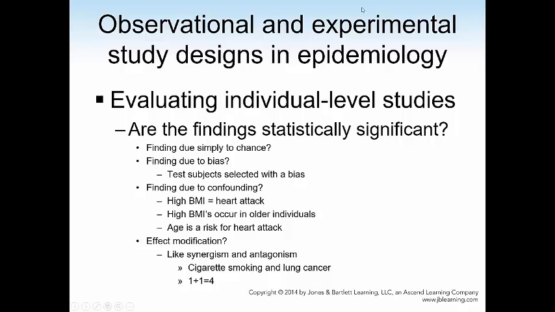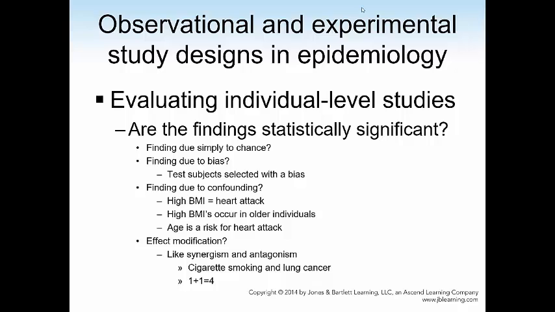All right. Now, when evaluating individual level studies, you have to look at if the findings are statistically significant. And if you've had any kind of statistics, you know that this is important. You can come up with all kinds of numbers, but are they significant? Sometimes you get numbers and they're due simply to chance.